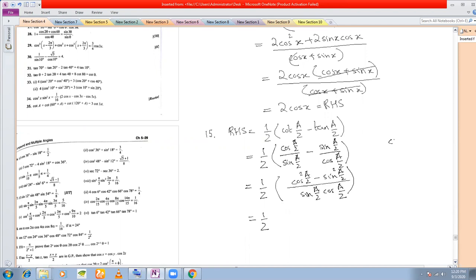Recall the formula: cos 2 theta is equal to cos square theta minus sin square theta. That means this angle is half of this angle. So therefore cos square A by 2 minus sin square A by 2 is nothing but cos twice of A by 2, divided by sin A by 2 cos A by 2.